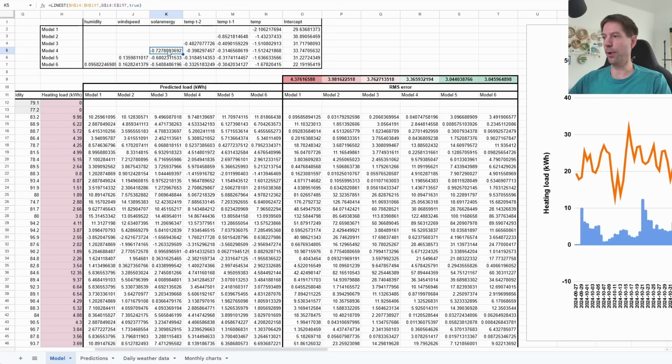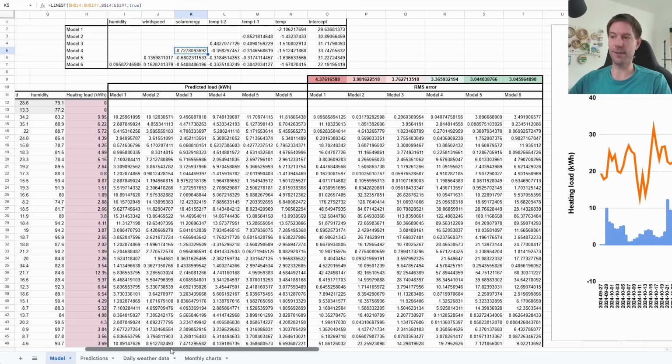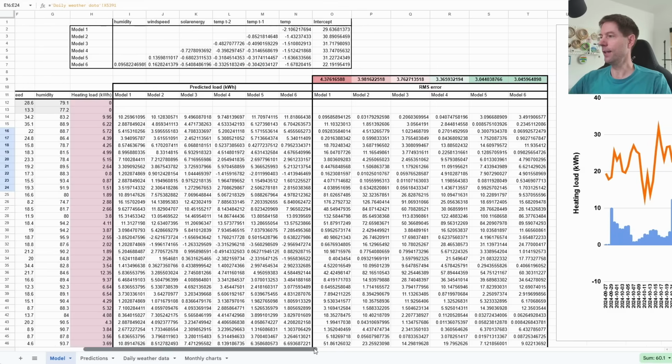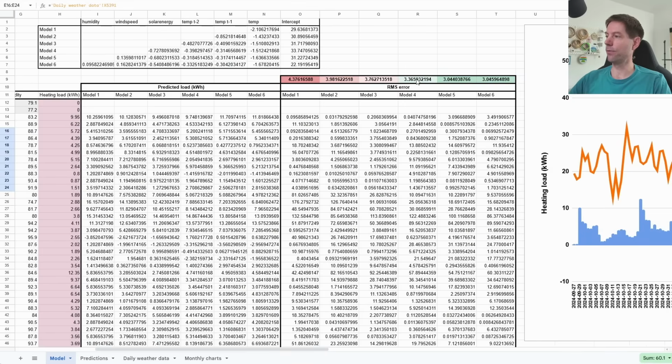So although the parameter looks bigger than the temperature ones, it might not have as big an impact as changes to the temperature as you'd expect. Temperature is the primary driver of demand. Yeah, you can see here that the values are roughly about the same, actually, a little bit less maybe. So anyway, it looks to me that solar energy is a very important factor. So I'm going to count that as a win.